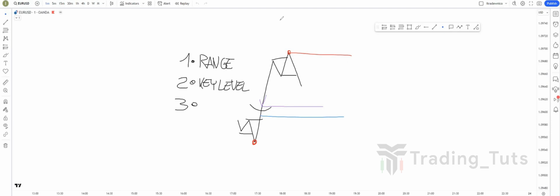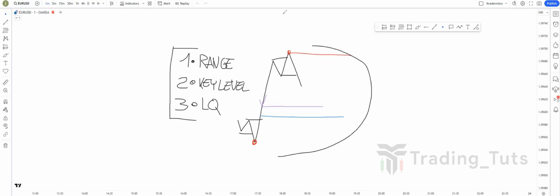Liquidity just above. These are going to be our checklist. This will be the way we approach every single range, right? That's why the approach is meant to be simple, objective, and systematic.